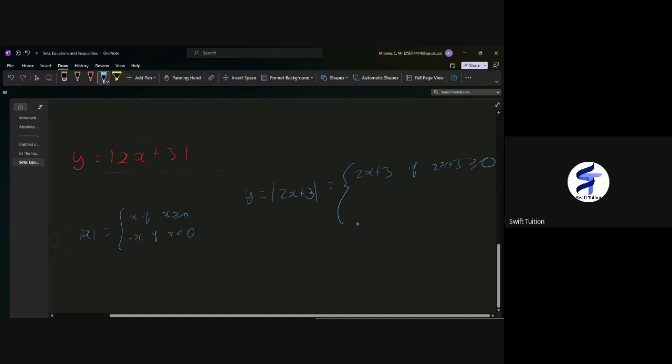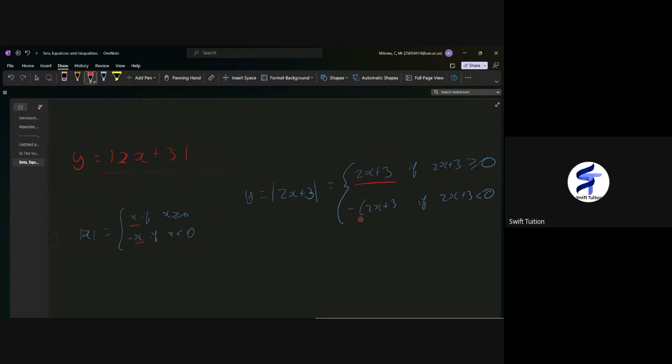And then it could also become negative (2x plus 3) if 2x plus 3 is less than 0. Watch out what's happening over here: the x's are being replaced with 2x plus 3, each time.